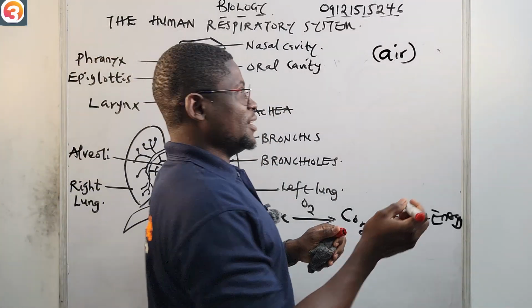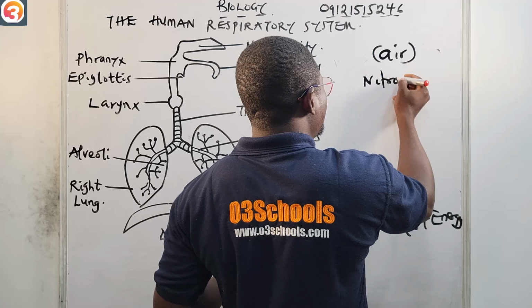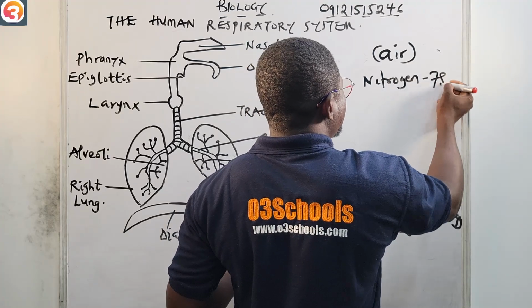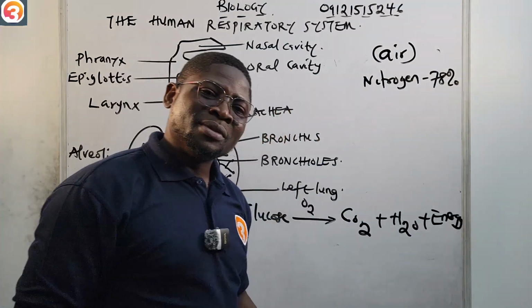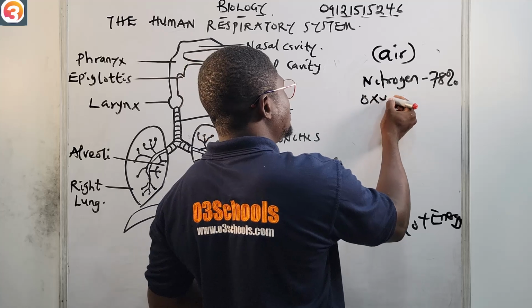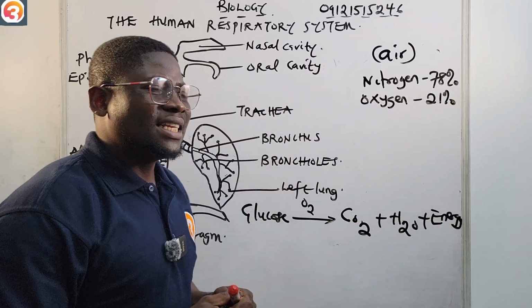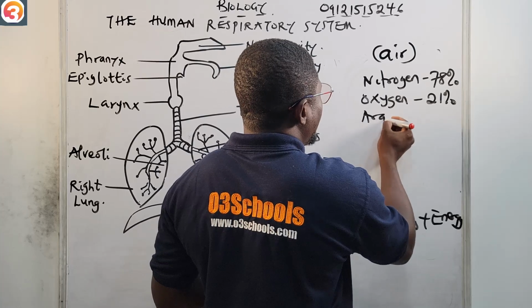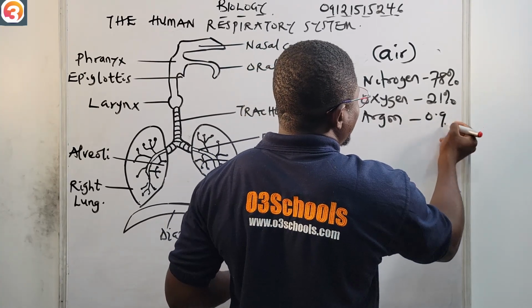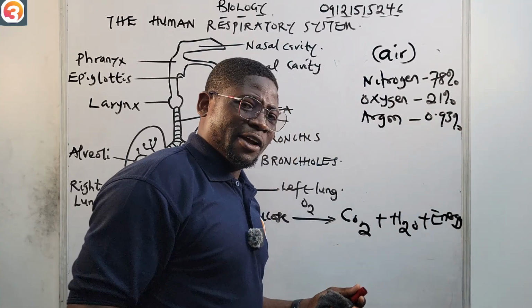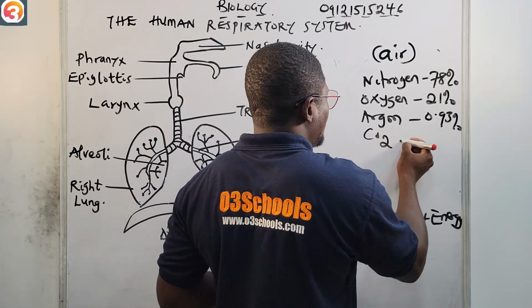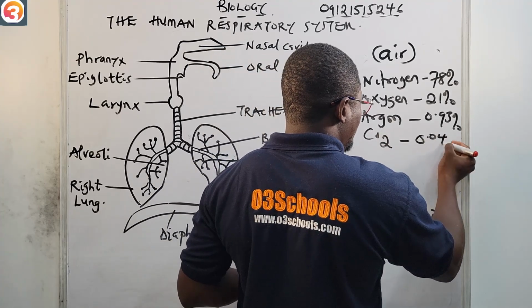In this air we have nitrogen, comprising about 78% composition. We also have oxygen, comprising 21% composition. We also have argon, comprising 0.93%, and CO2, carbon dioxide, comprising 0.04%.